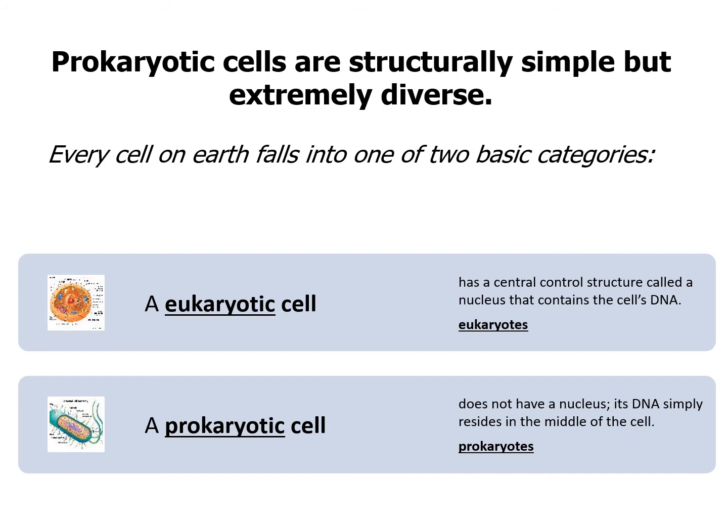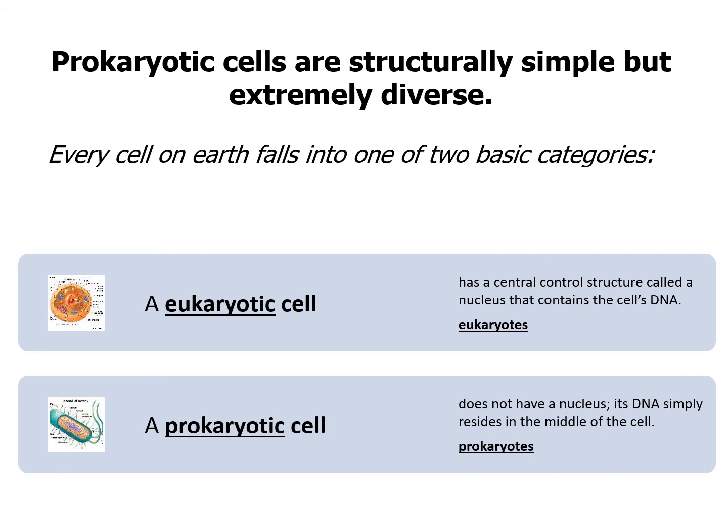So we have a few types of cells that we need to talk about. Eukaryotic cells and prokaryotic cells. Eukaryotic cells are going to be found in, shockingly, eukaryotes. They have a central control structure called a nucleus. It's not dissimilar to the brain of the cell, and it's going to contain the cell's DNA.